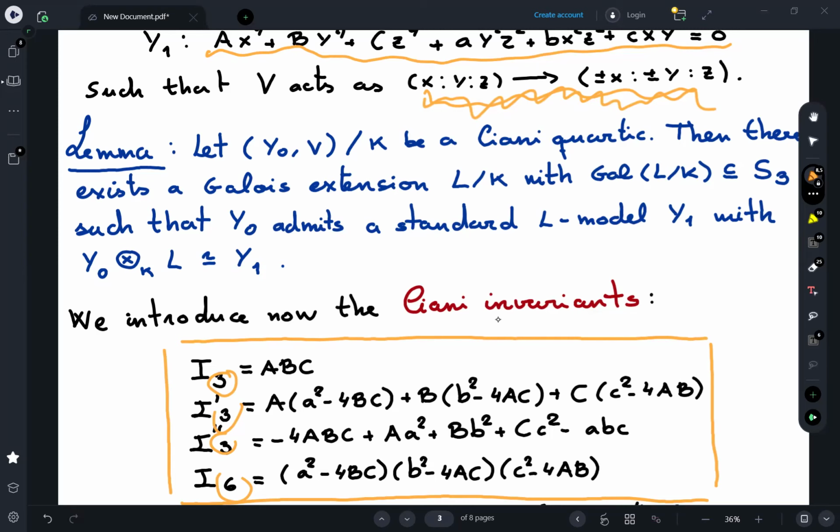And then this 3, 3, 3, 6 is related to the weight of these Siegel modular forms. So, well, it's not important.